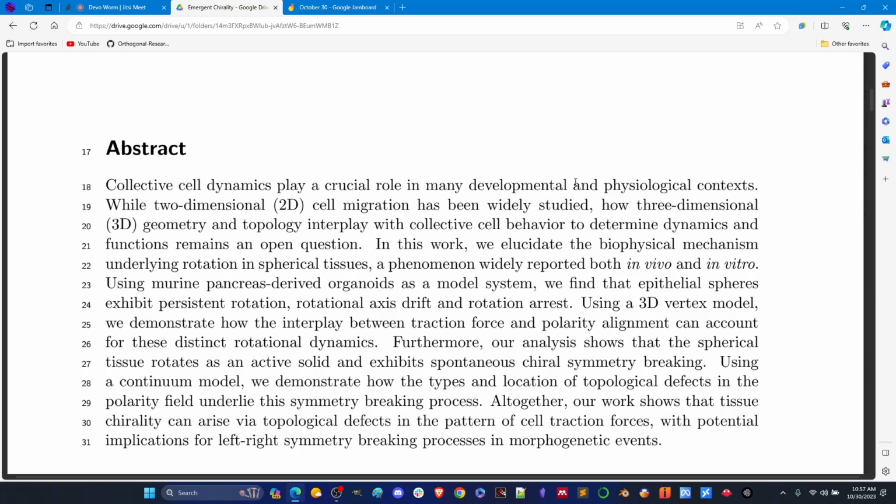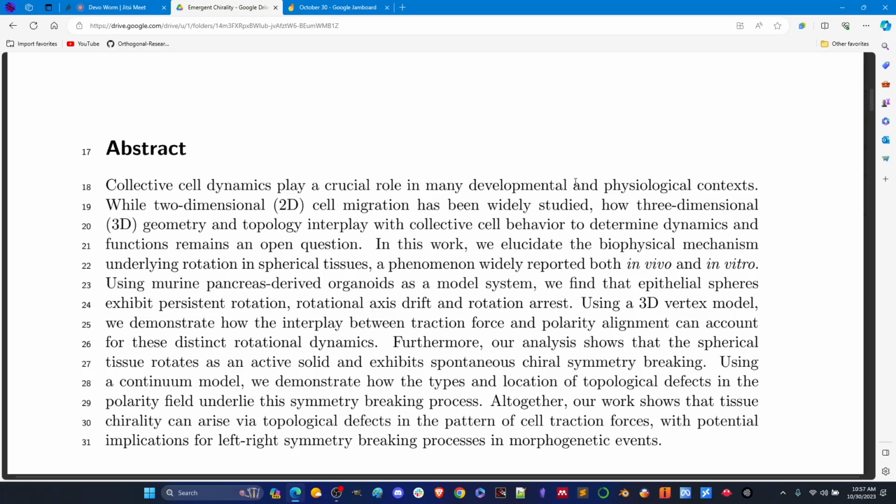In this work, we elucidate the biophysical mechanism underlying rotation in spherical tissues, a phenomenon widely reported in both in vivo and in vitro. Using murine pancreas-derived organoids as a model system, we find that epithelial spheres exhibit persistent rotation, rotational axis drift, and rotation arrest. So there are these epithelial spheres that they've created from pancreas-derived organoids.